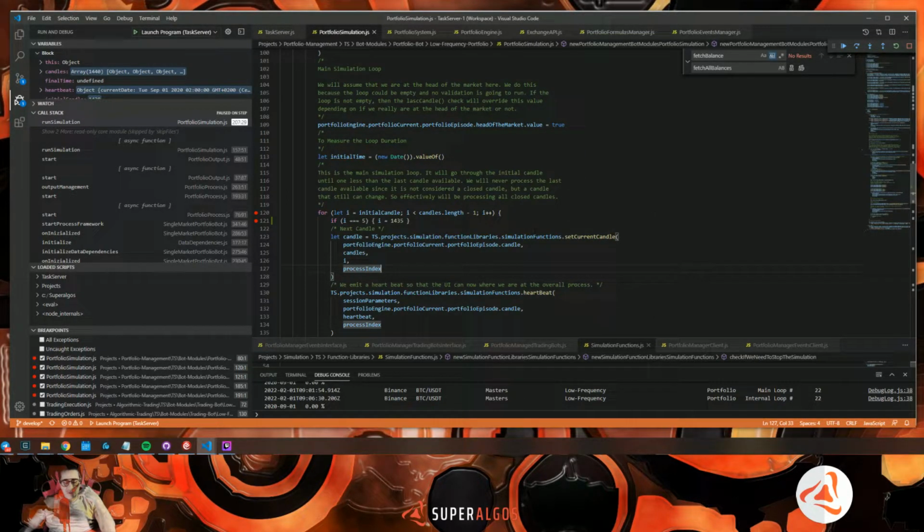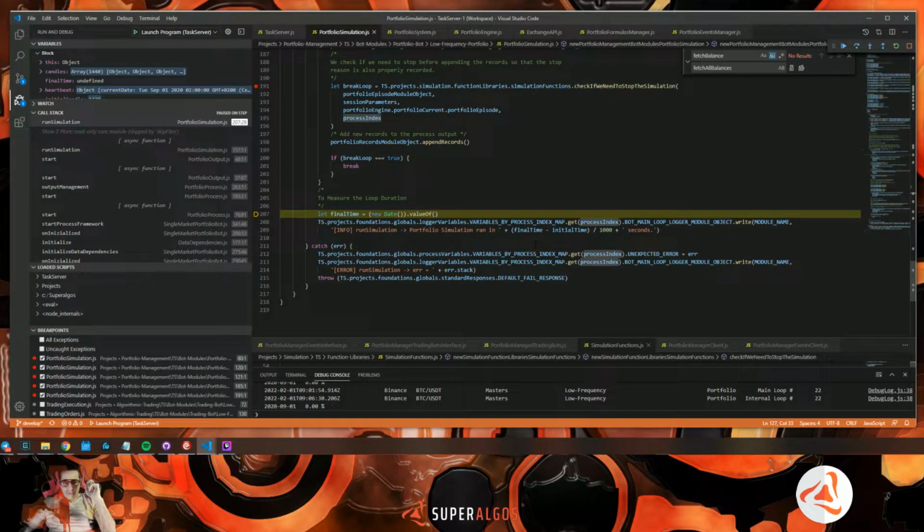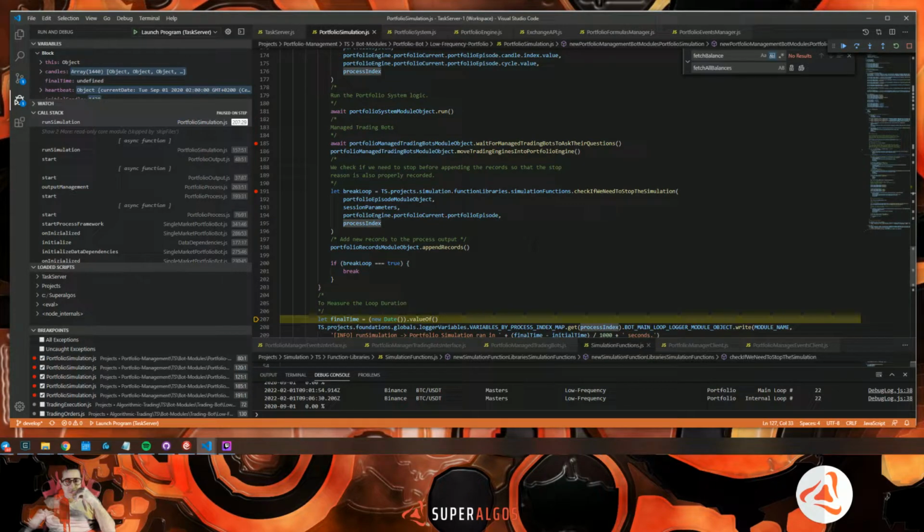So there are 1440 candles in a day. Minus 1 is 39. Okay.